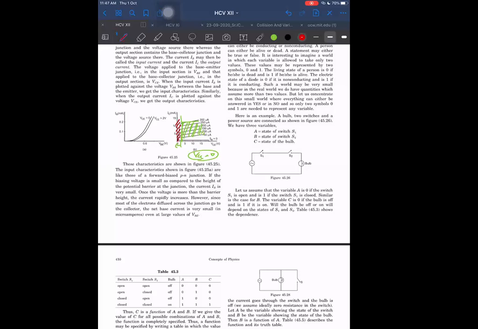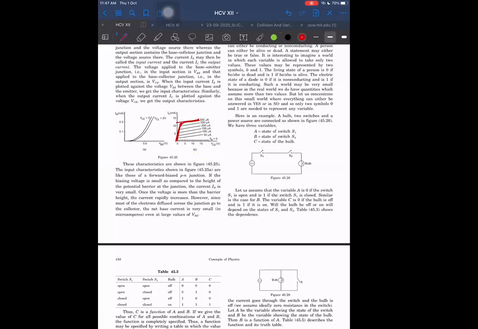When the value of IC is varying, what does it mean? It means that in this case, IC is not equal to beta times IB. Why? Because for the same value of IB, this graph is for 300 microampere, I'm getting different values of IC.